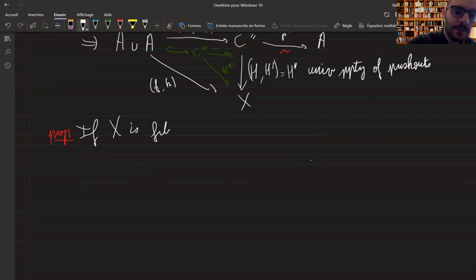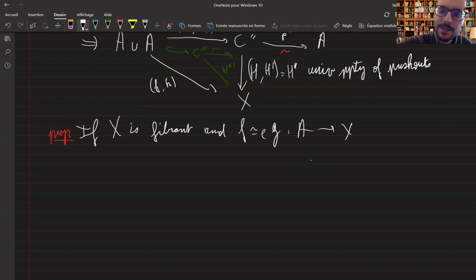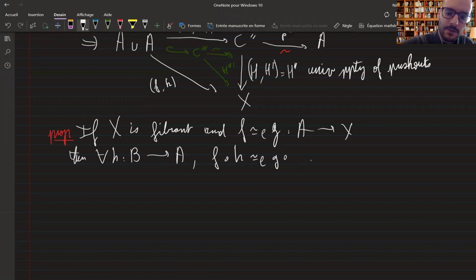So if X is fibrant, so now we have a condition about the target, and F is homotopic to G as maps from A to X, then for all H from B to A, F circle H is homotopic to G circle H as maps from B to X. All right, so now it's a bit different.